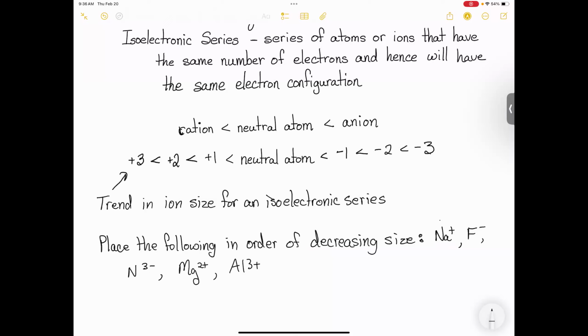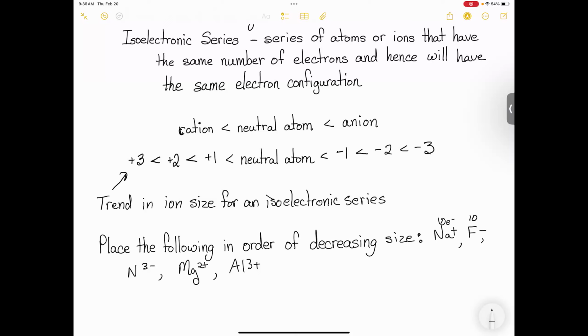Sodium plus has 10 electrons. Fluorine minus has 10 electrons. N3 minus has 10 electrons. Mg2 plus has 10 electrons. And Al3 plus has 10 electrons.